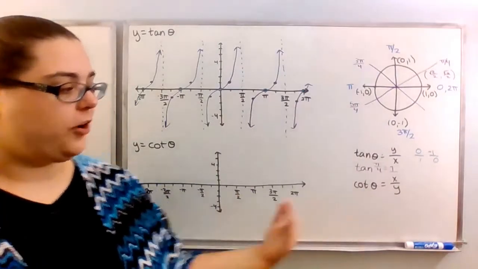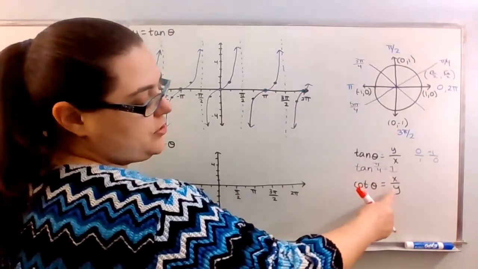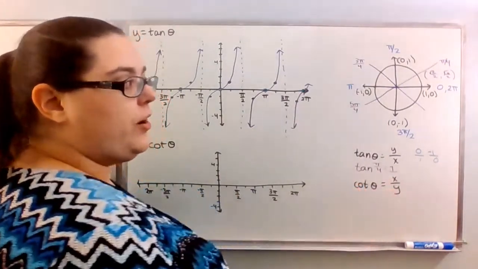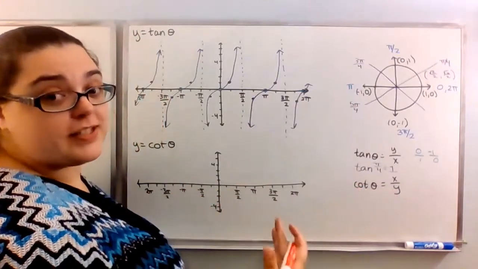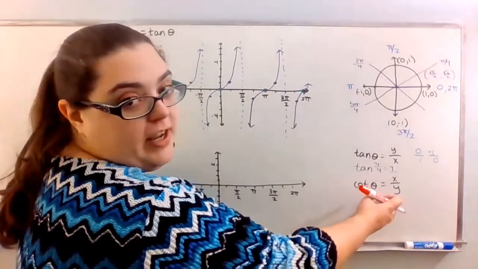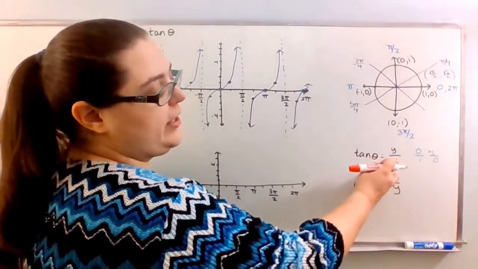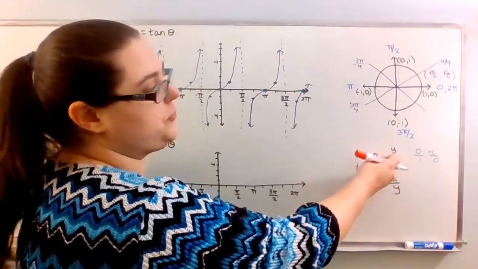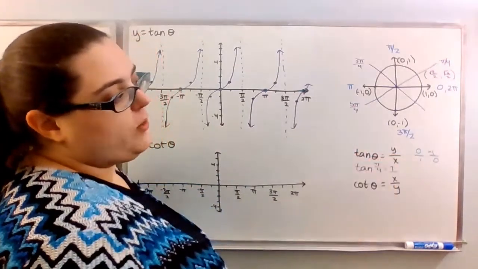So when I go to graph cotangent, now the ratio is x over y. So I'm going to have asymptotes at different places because now if the y value is 0, that's where I'm going to have an issue. Whereas with tangent, when I had an x value of 0, that's where I had an issue. So let's see when the y value is 0.